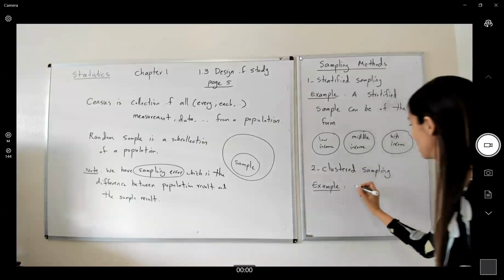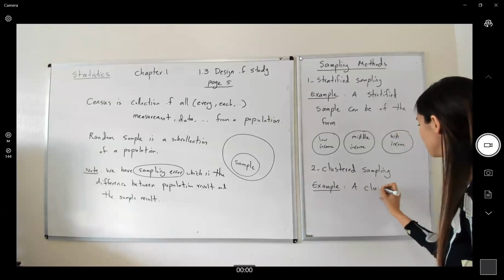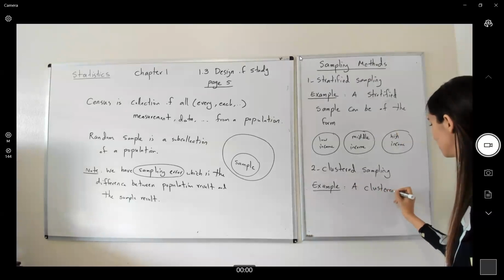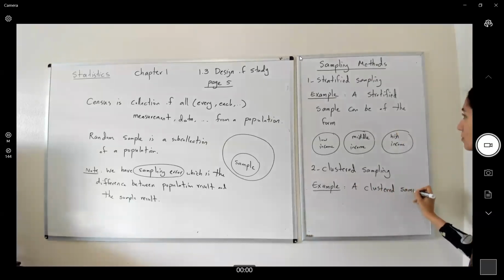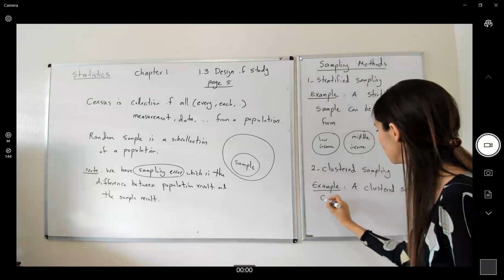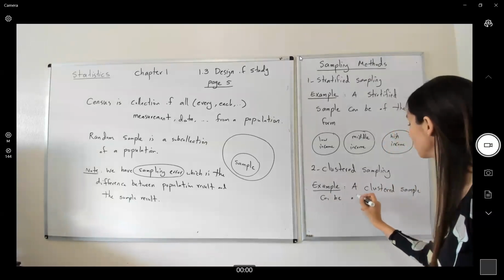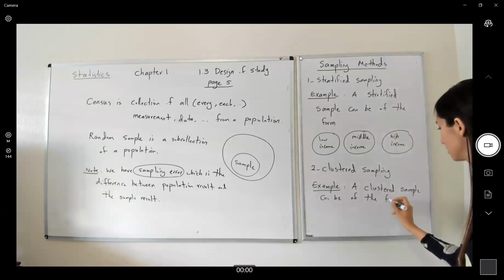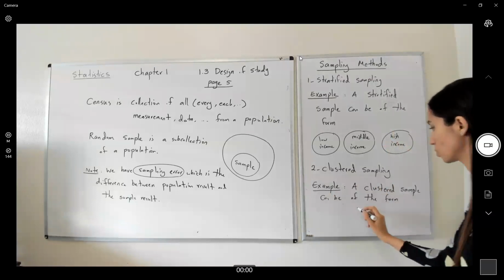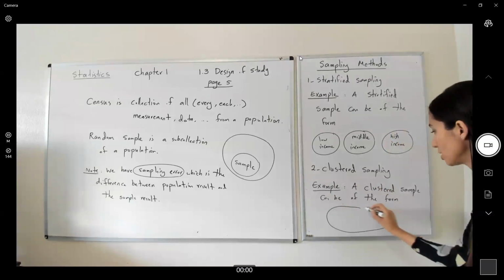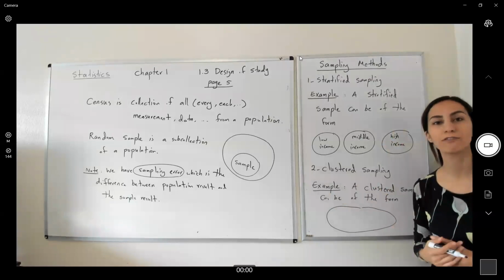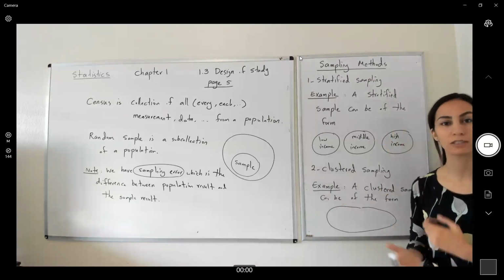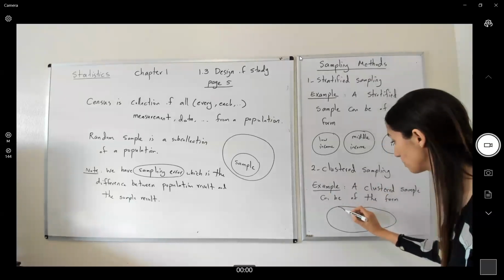For example, a cluster sample can be of the form: you have your population, and it's naturally divided into different zones, zip codes.